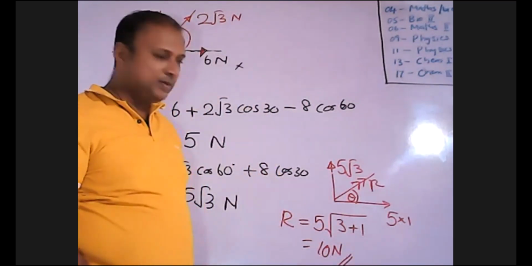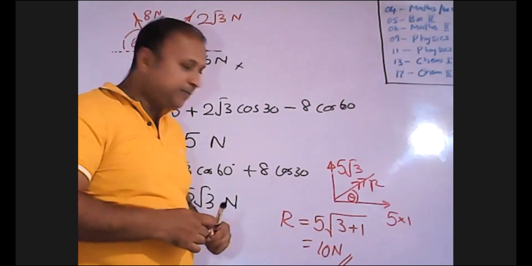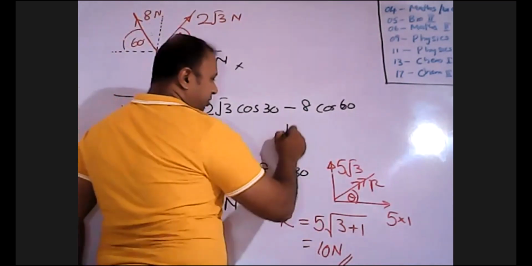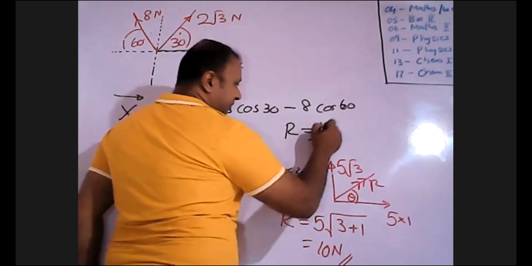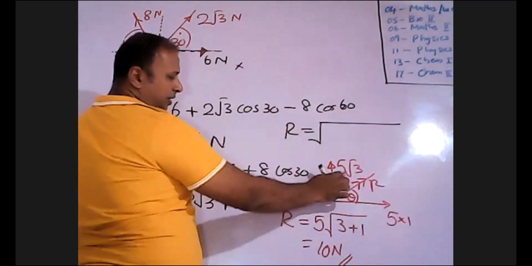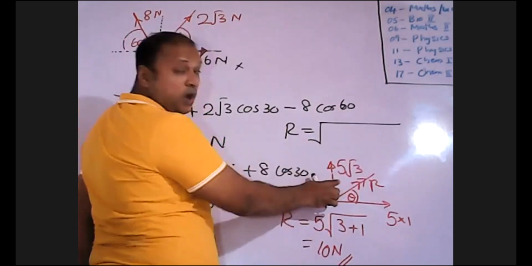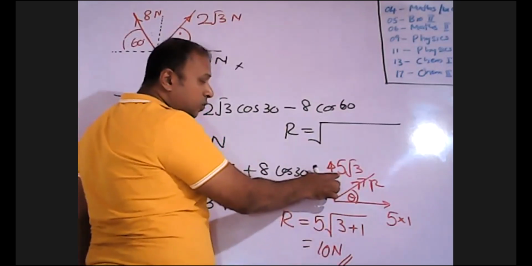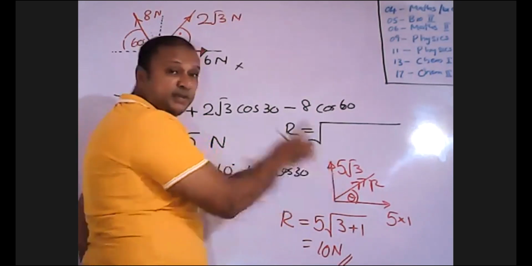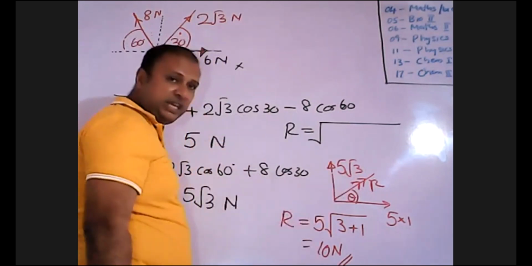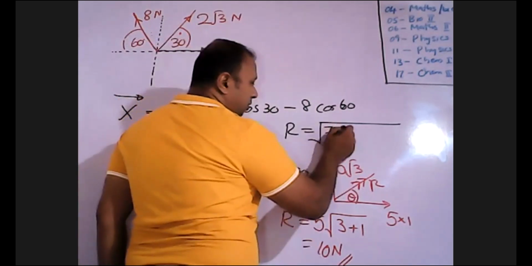If you didn't get my calculation here, I will do it in full. Look at this one. The square of this one means square of 5 times root 3: 25 into 3 means 75.